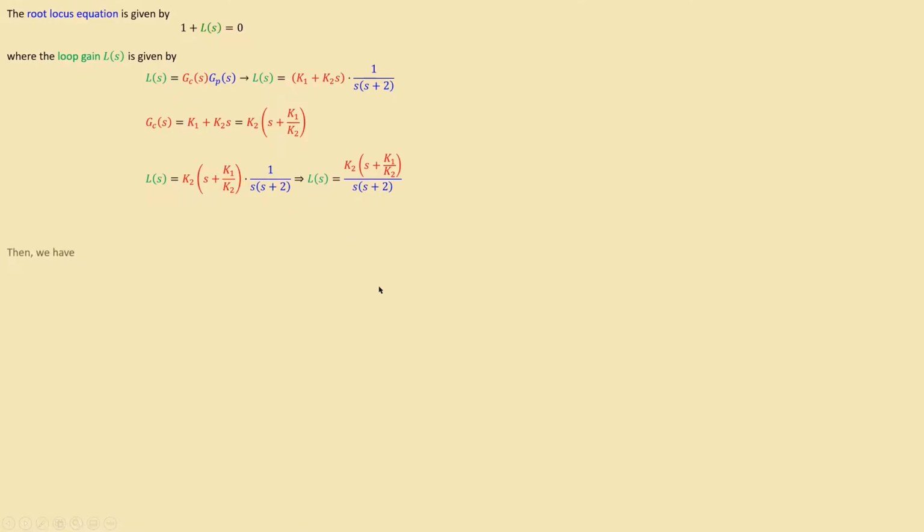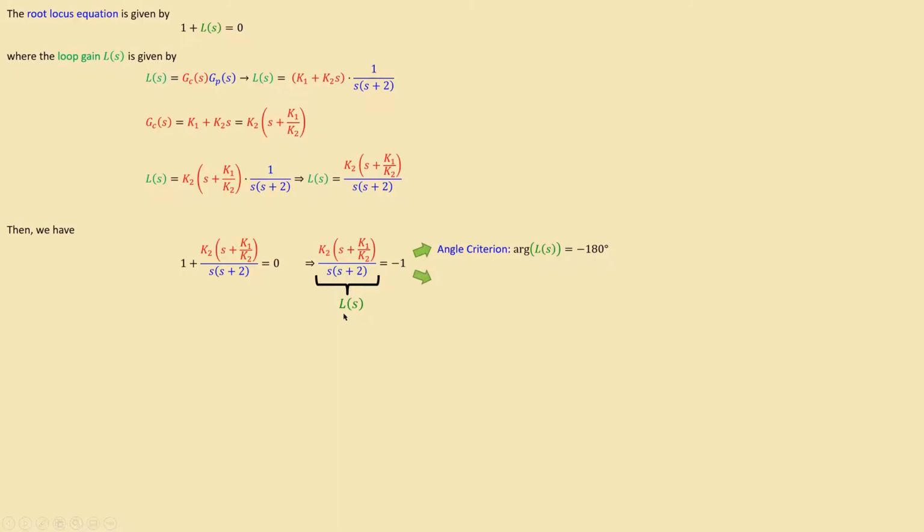Now, for our root locus equation we have the following: 1 plus this expression is equal to 0. Of course, I can place the 1 on the right hand side, and it will be -1. This expression is very, very important because this is the loop transfer function, and from there we have the angle criterion or angle condition, and the magnitude criterion or magnitude condition.